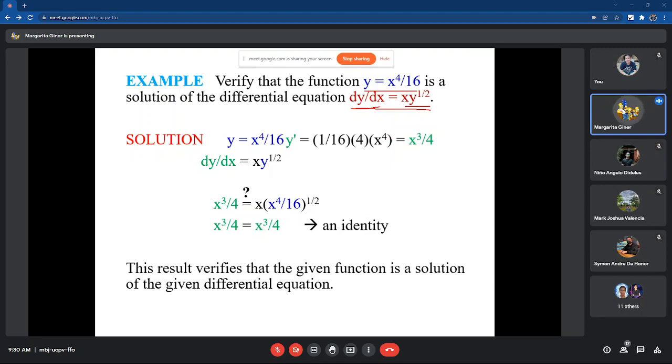So, paano na siya naton i-solve? I-substitute naton ang value sang imo nga function diri sa imo nga differential equation. Okay? Ano ang order sang imo nga differential equation diri? Ang order niya, di ba? First order, first degree siya. Okay? That's why, and this is ODE. This is ordinary differential equation kay wala man diri sing partial derivative.